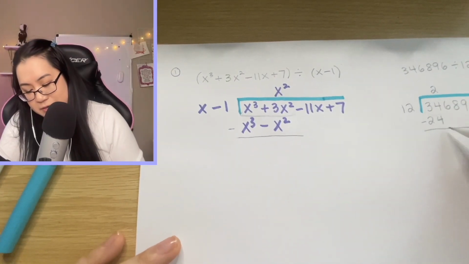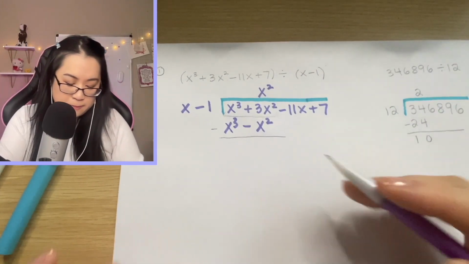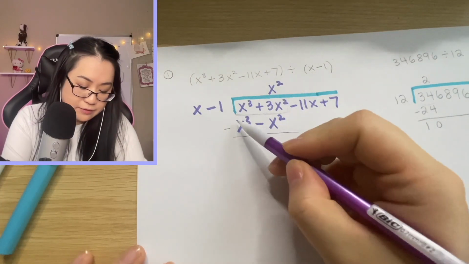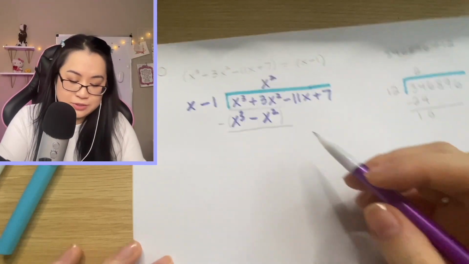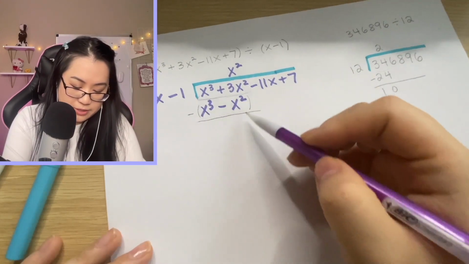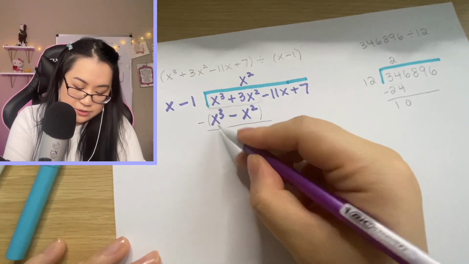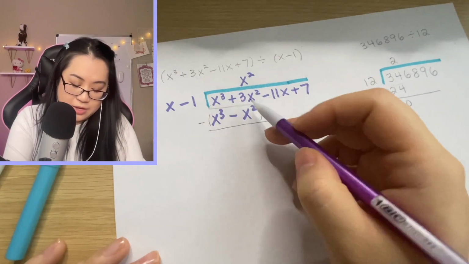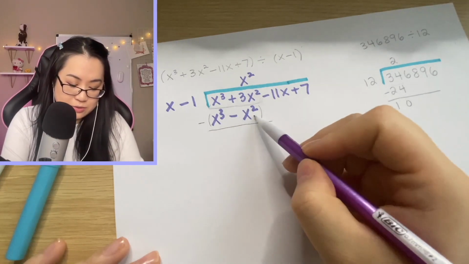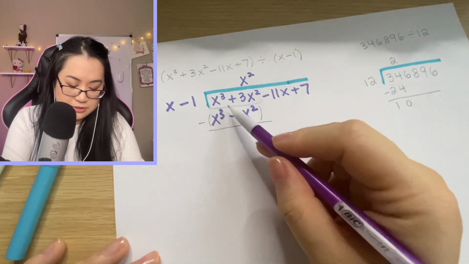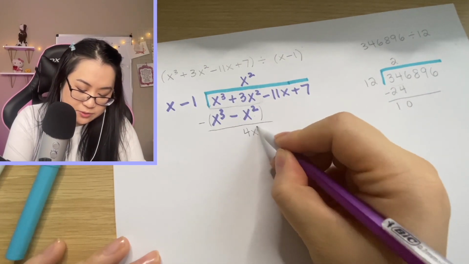So here you would have a 0 and a 1. For here, be careful, we're subtracting an entire polynomial, so we actually have parentheses here. So we do x cubed minus x cubed is 0, that's fine. And then we have 3x squared plus x squared, because you're distributing this negative. So we have 4x squared.